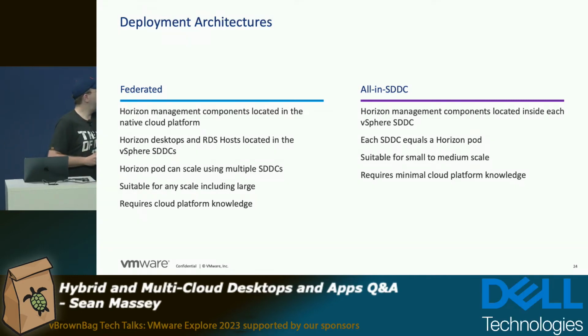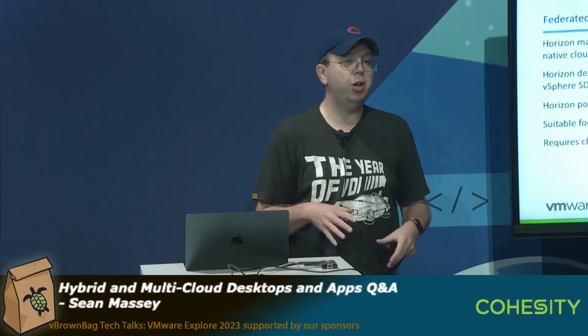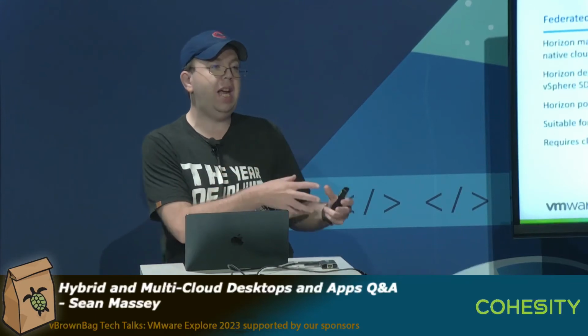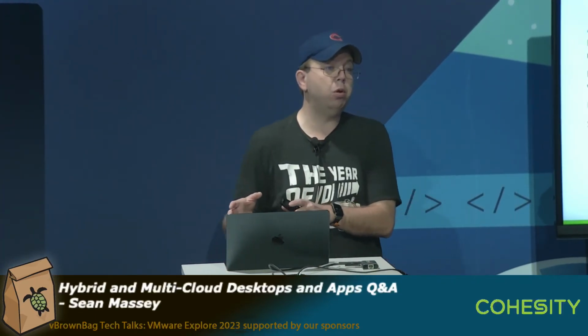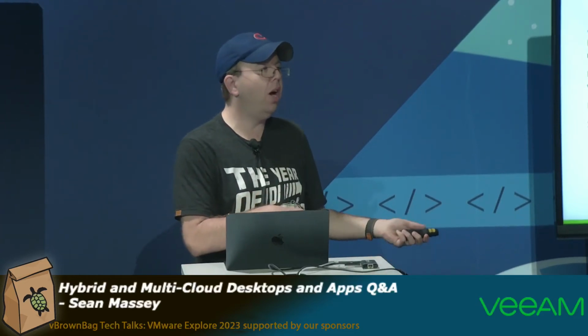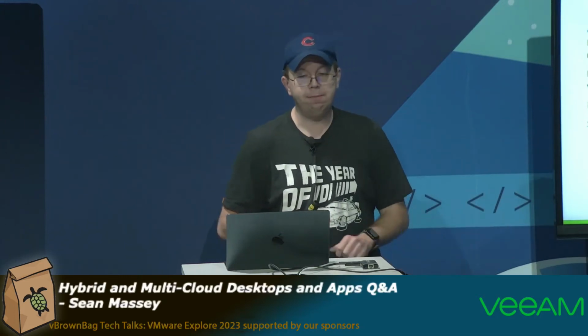Because we're putting all our management in a cloud environment, we could scale this to be fairly large. The drawback is that you need to have native cloud platform knowledge. So if you're doing it in Azure, you need people who know Azure. If you're doing it in Google, you have to have people who know Google so they can get all the firewall rules and networking and all the constructs set up correctly.